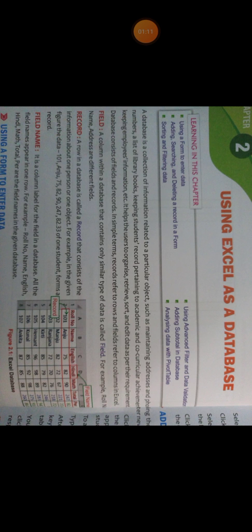And Excel is a database software. The similar records that we keep in a telephone diary or address book can be kept and maintained in Excel. So Excel is a database software.